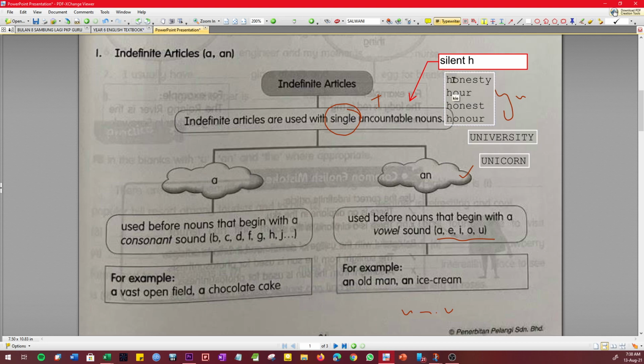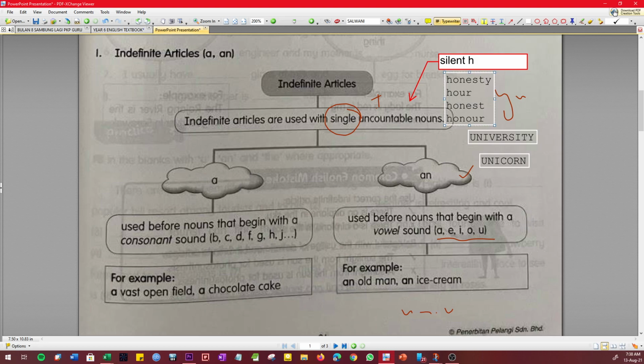Perasan tak? Tak bunyi H. Kita terus masuk O. Hour. O ni sounds like R. Okay. Hour. Honesty.